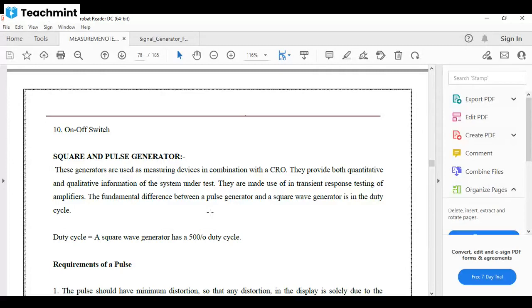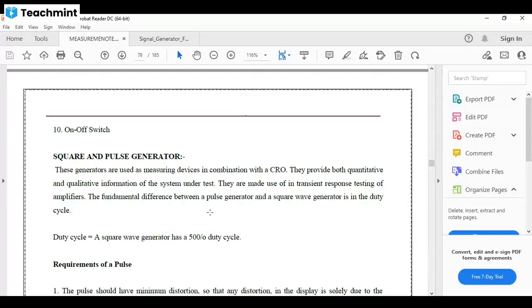The pulse should have minimum distortion, so that any distortion in the display is solely due to the circuit under test. The basic characteristics of the pulses are rise time, overshoot or ringing, sag or undershoot.